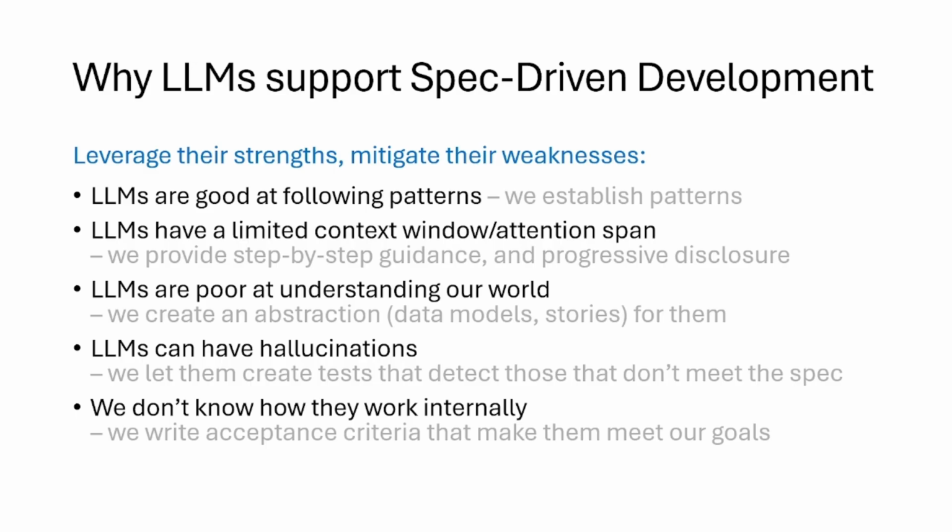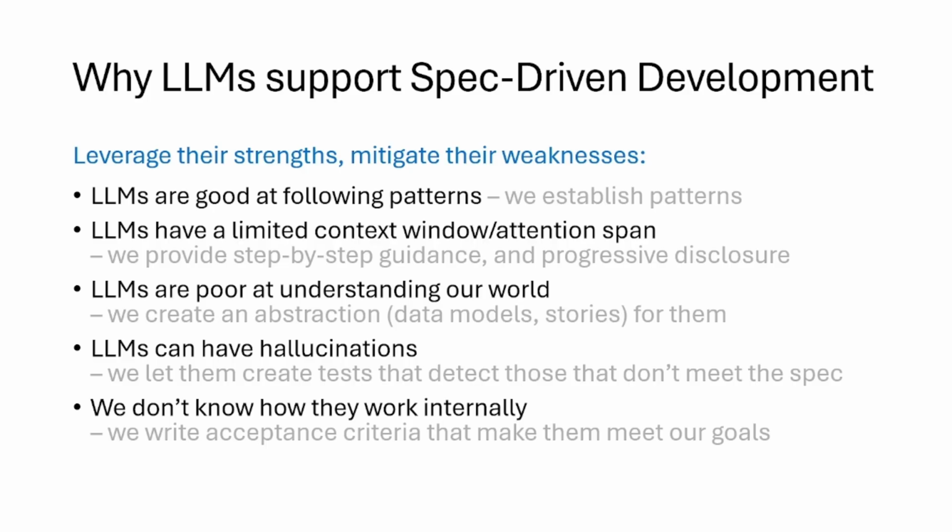LLMs are poor at understanding our world. Oh, yes. But why does it not hurt us here? Well, when we create data models and stores, we actually create abstractions of the world, and it can understand those abstractions. LLMs can have hallucinations. Yes, we have all seen those. Well, we let them create tests that detect those hallucinations, the ones that don't meet the spec. So our tests are guardrails and our protection against hallucinations.